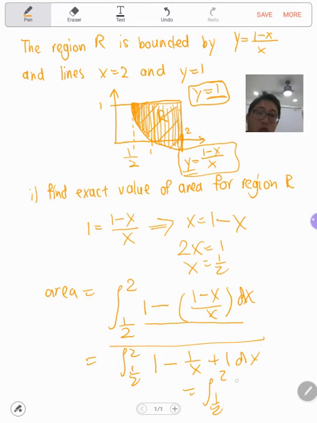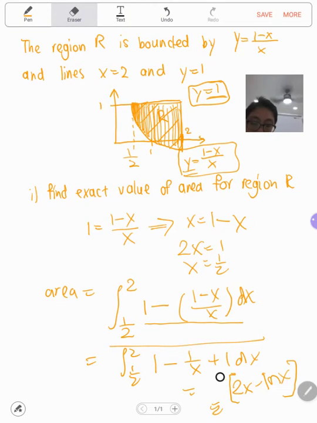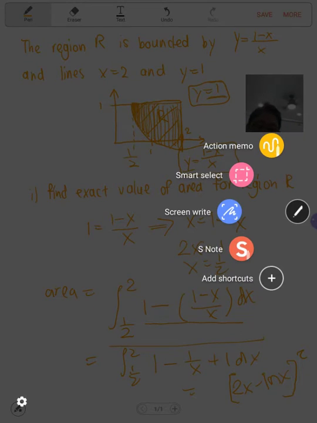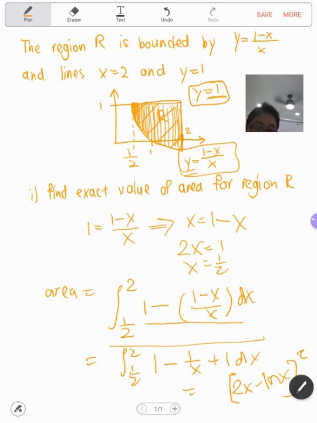When I integrate 2, I get 2x, and when I integrate 1 over x, I get ln x. The numbers 2 and half are the limits that came from here. So how do I evaluate this? I just substitute 2.